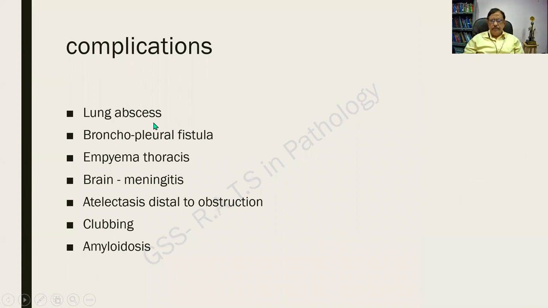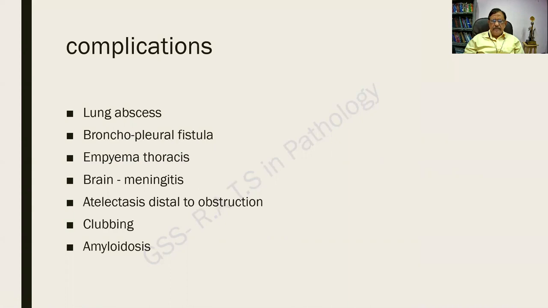Complications, the same thing is put up in a list. There can be a lung abscess, bronchopleural fistula. So there is a fistulous tract that forms between the pleura and the bronchus, leading to a bronchopleural fistula. Collection of pus in the thoracic cage is called empyema thoracis. In the brain, you can have a meningitis.